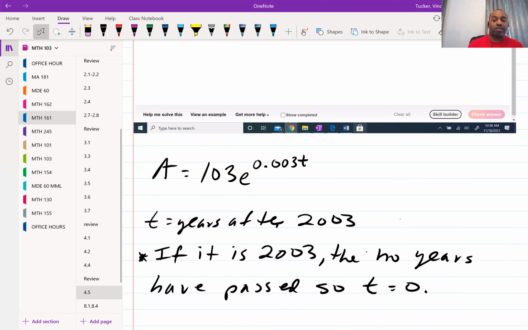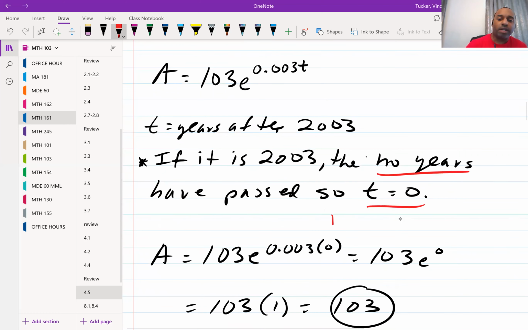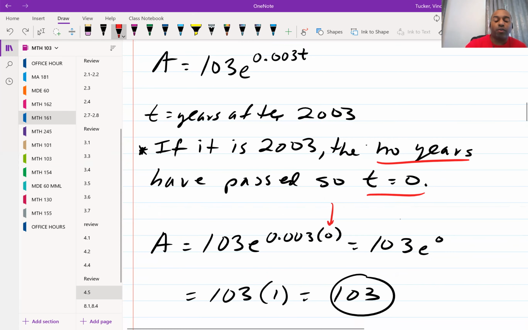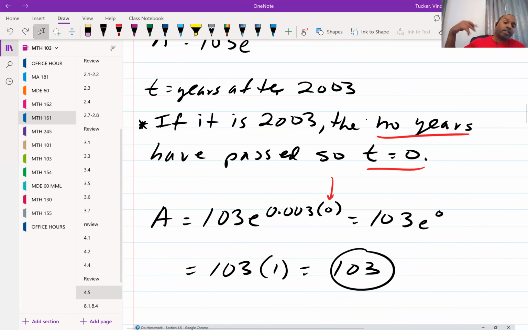So if it is 2003 right now, that means no years have passed since 2003. So t is going to be equal to 0. So we plug in 0 for t: 0.003 times 0, e to the 0 power is 1. Anything to the 0 power is 1.